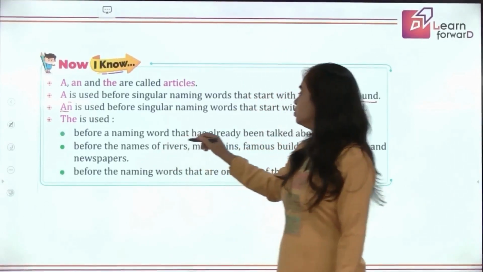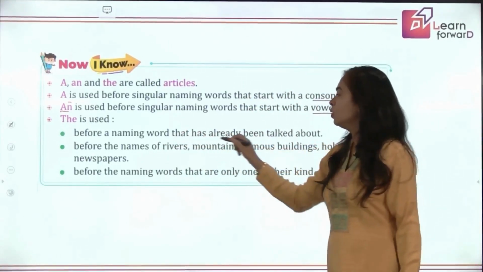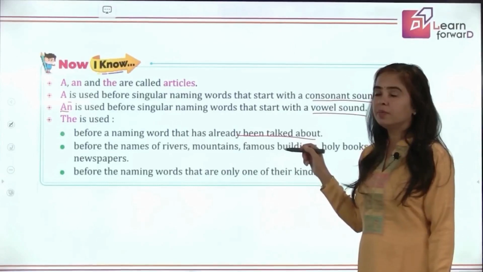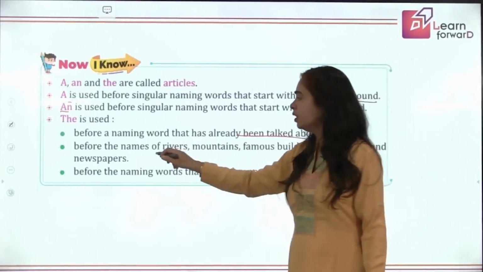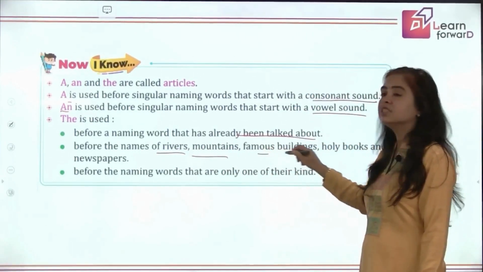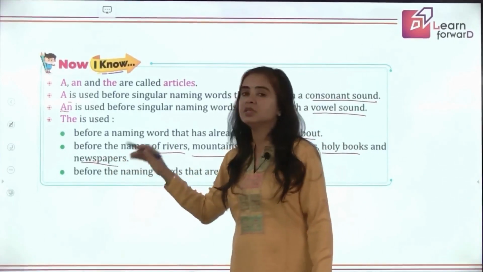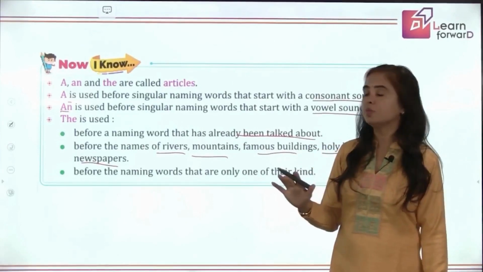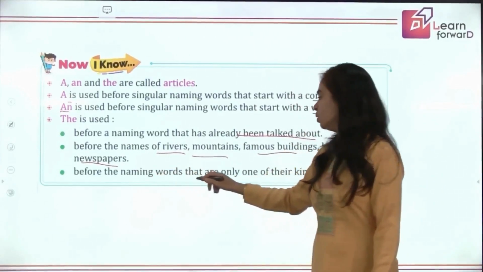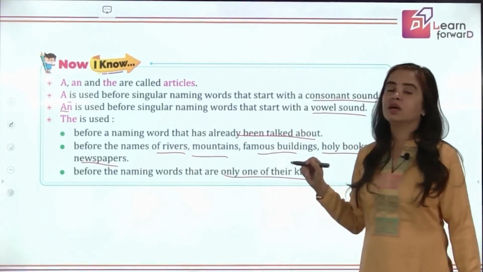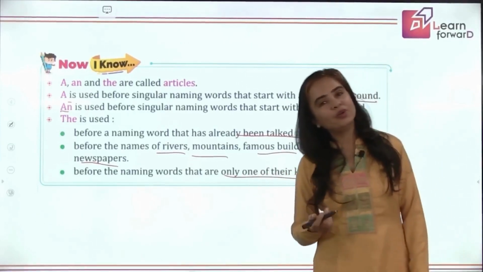The first use is for a naming word already talked about in the previous sentence. Then for the names of rivers, mountains, famous buildings, holy books and newspapers. These are the five things you have to remember in this point. And before the naming words that are only one of their kind, that means they are universal.